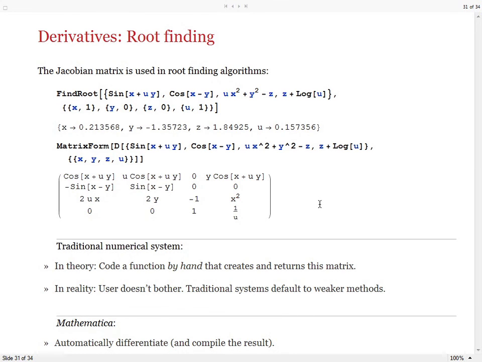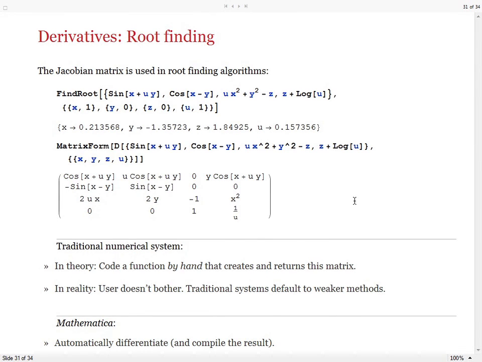Now, in a traditional numerical system, for efficiency, you may be well advised to manually compute this Jacobian matrix and then code a subroutine by hand that creates and returns this matrix for any value of the arguments x, y, z, and u.